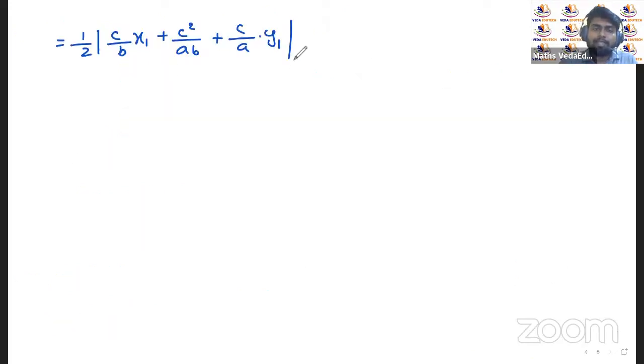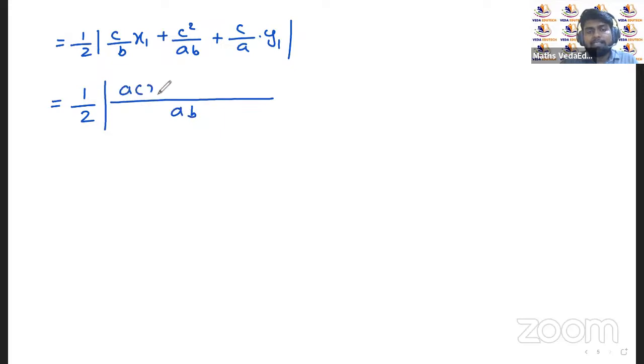So now what we can do is take LCM here. When we take LCM, we'll get ab here, ac x1 plus bc y1 plus c squared.